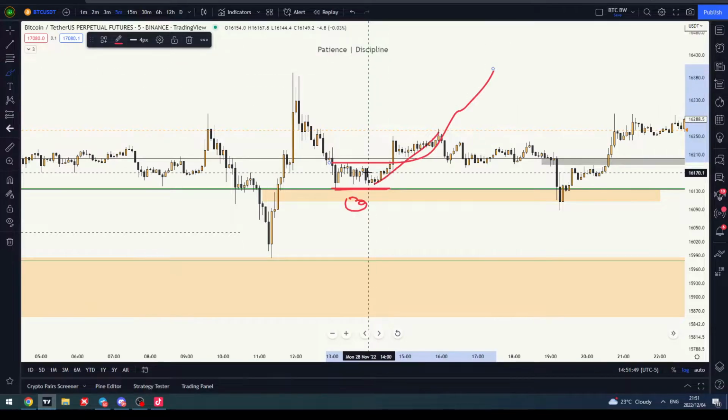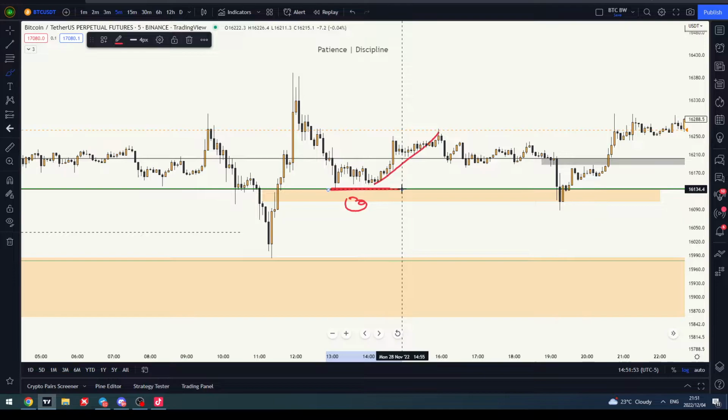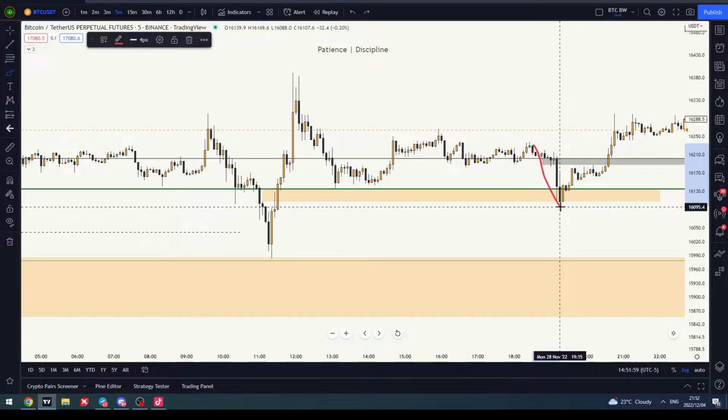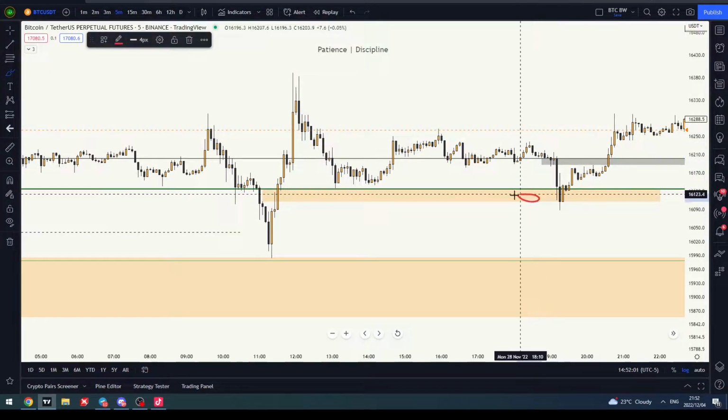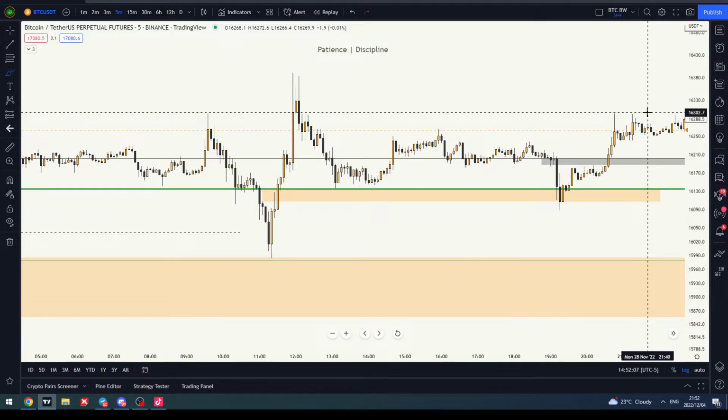So they start FOMOing in here, and they place their stops just below here, right? And as that happens, price then comes back and takes the liquidity into the original position that you would have entered into, taking you out here, and then it moves away.